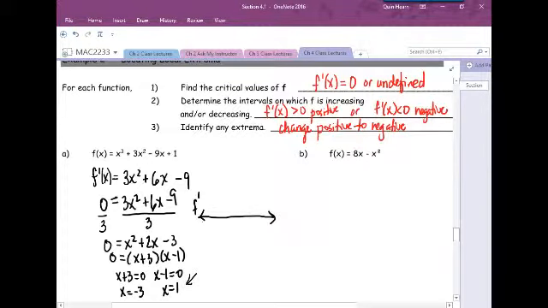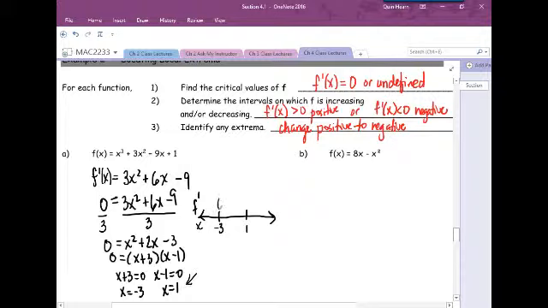So we're going to use that to make a sign chart, what we call a first derivative sign chart. So we're representing the first derivative values, y values, on the top and the x values on the bottom. The important x values are the critical values, -3 and 1.